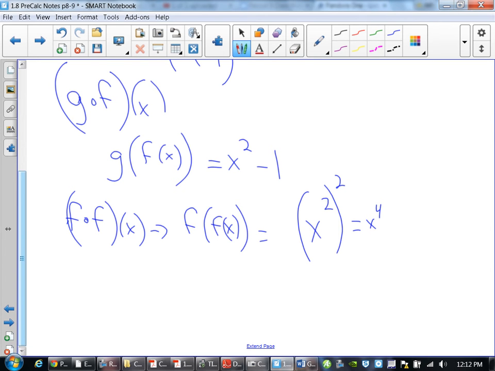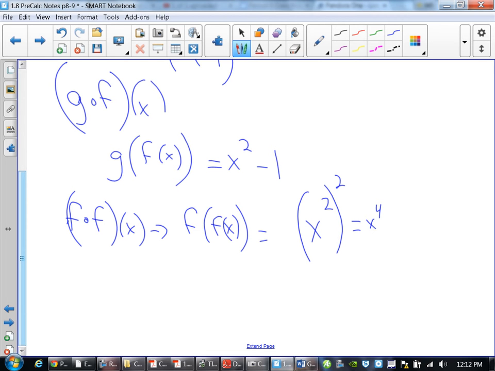Function notation means take whatever is in that parenthesis and substitute it into the equation that it's telling you to look at. Here it's saying take the G of X equation, substitute it into the F equation. The G of X equation is X minus 1.